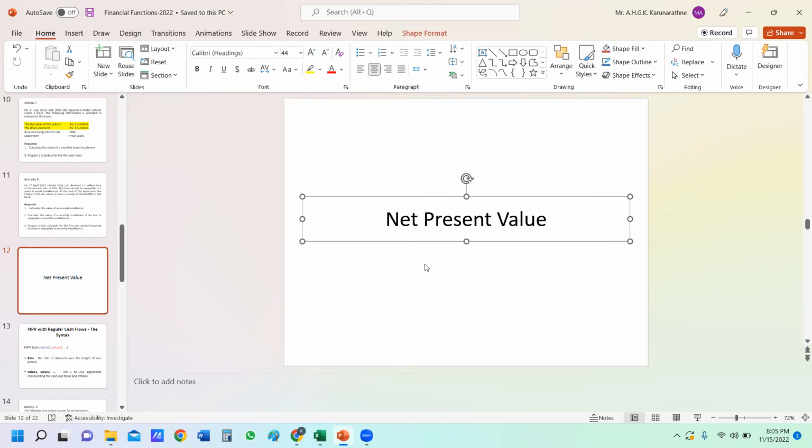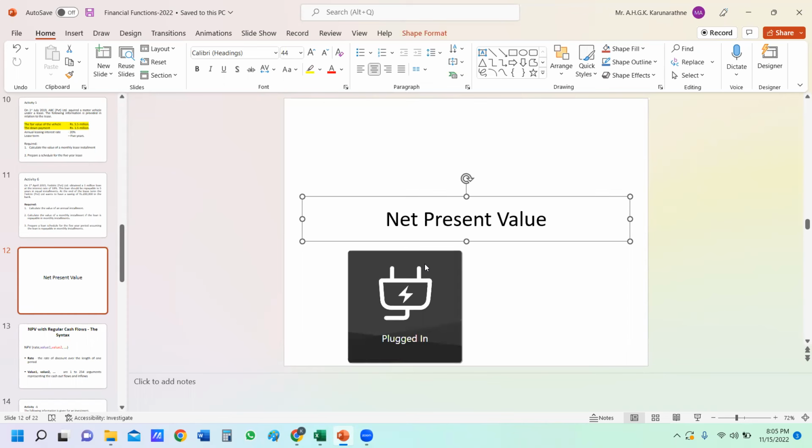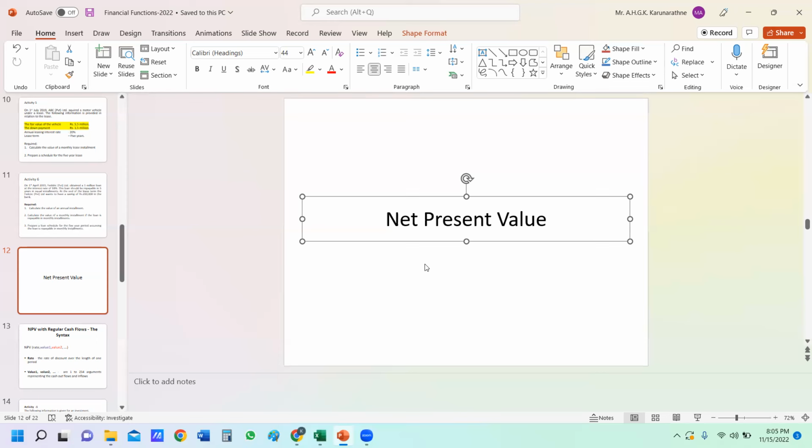If it were a real physical class, I could have asked one of you to define it. So what is NPV? NPV is the difference between the present value of all cash inflows of a business, discounted using the appropriate cost of capital representing the project risk, and the present value of cash outflows.